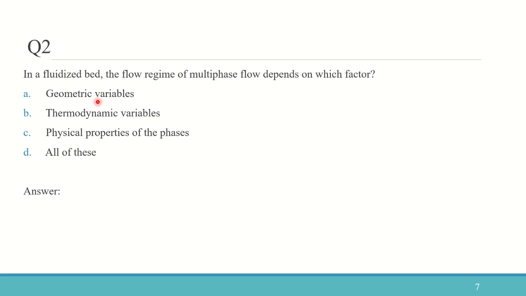Second is thermodynamic variables, which are based on the temperature of the system, and those also play a role. Physical properties of the phases again play a role. So the right answer is all of these. Option D is the right answer.